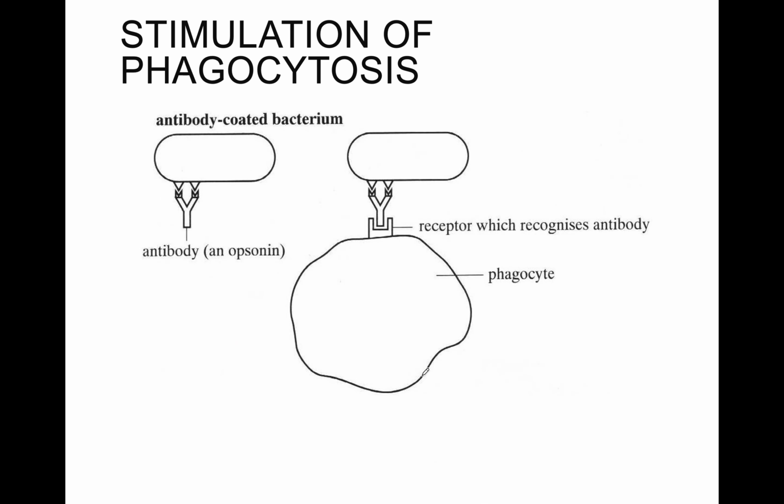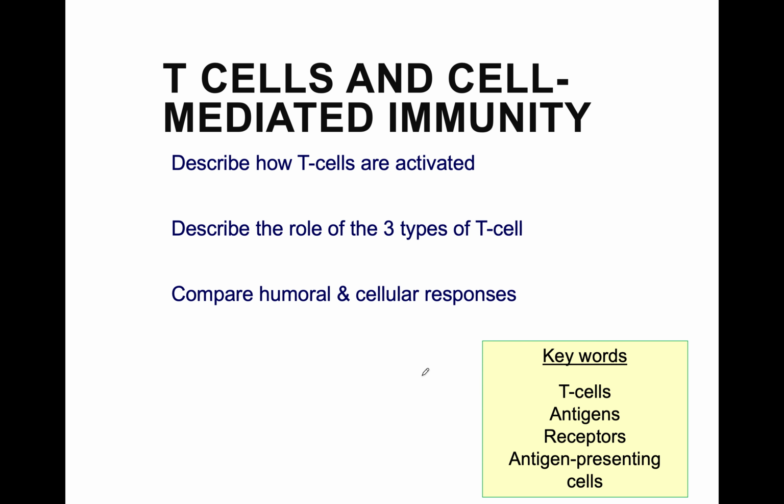Okay, let's skip through that. So we're going to look at how those T cells can become activated, what the 3 different types of T cells are, what the function of each of those T cells is, and how they can assist in the response to a pathogen.